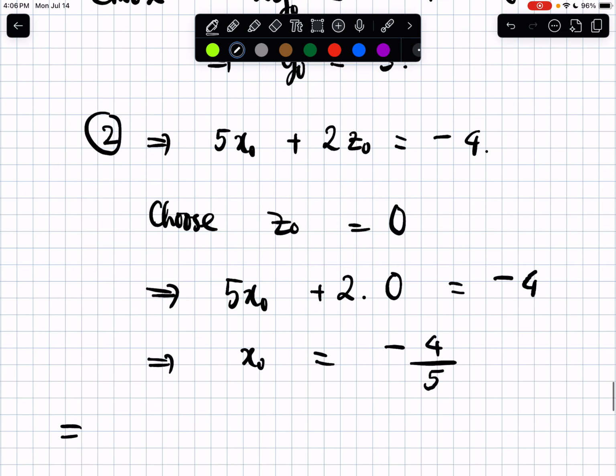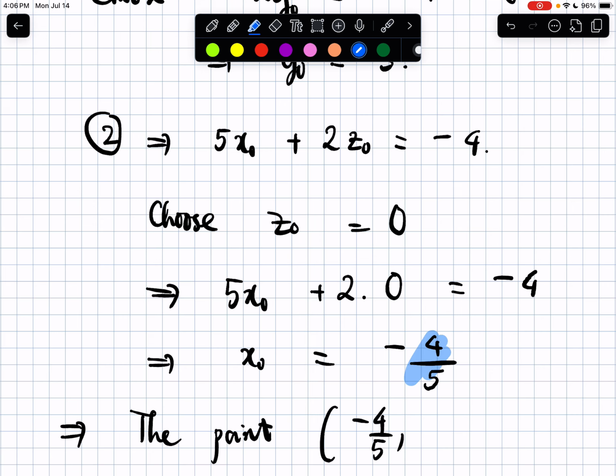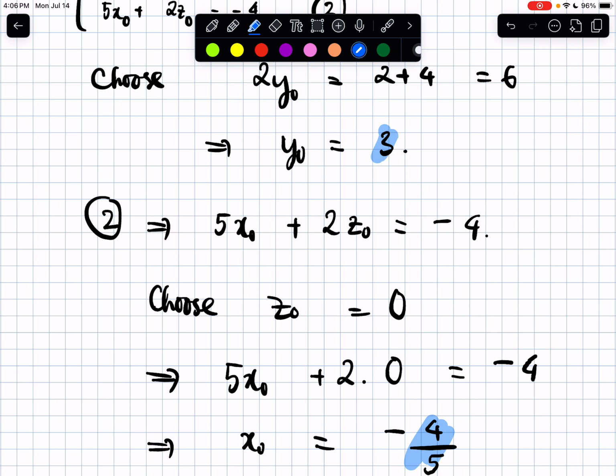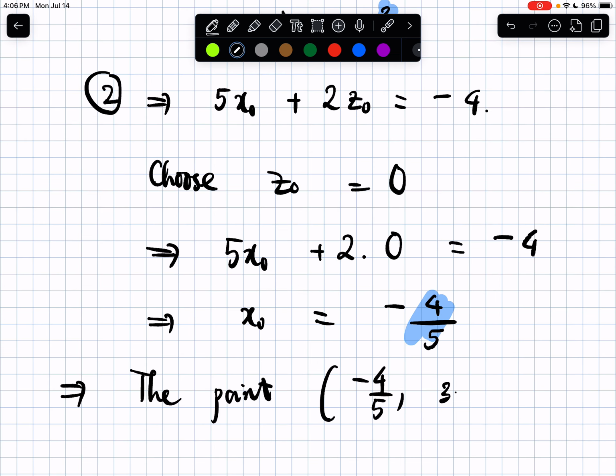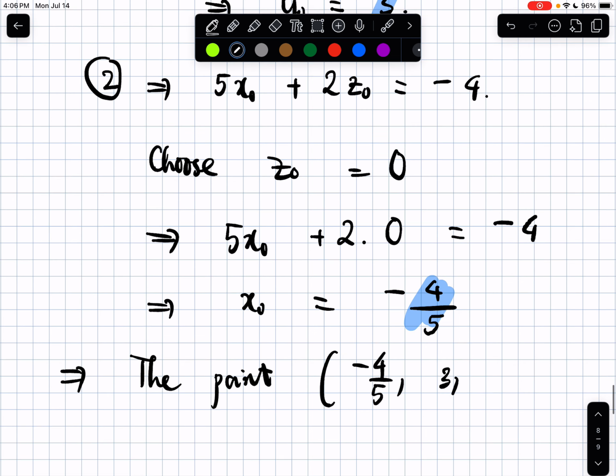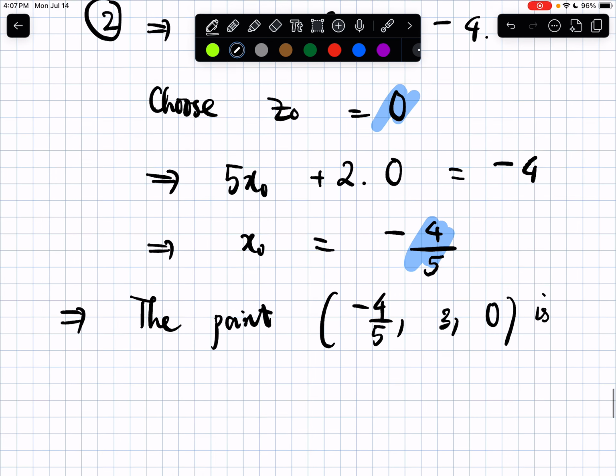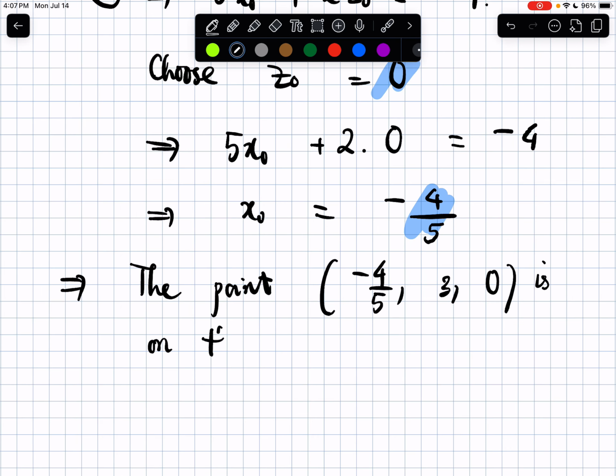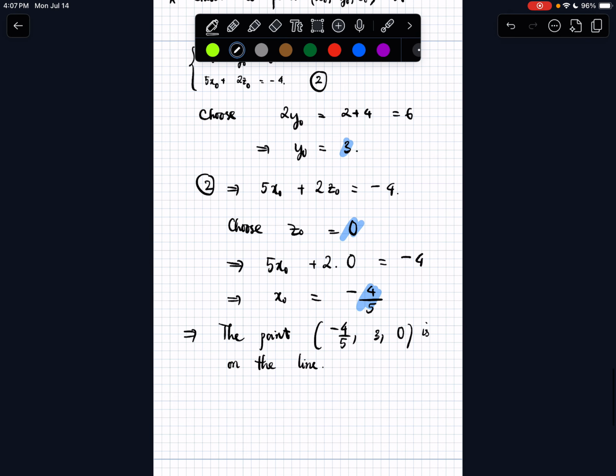So the point x0 equals minus 4 by 5, y0 equals 3, z0 equals 0 is on the line. So now we have one point on the line and the direction of the line.